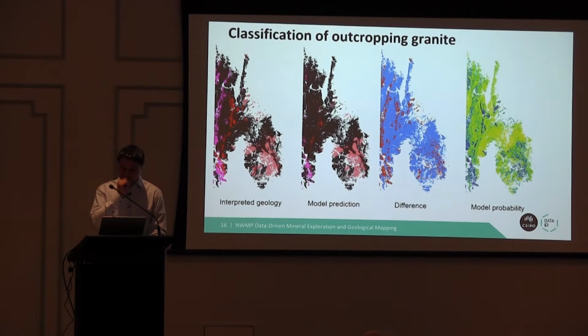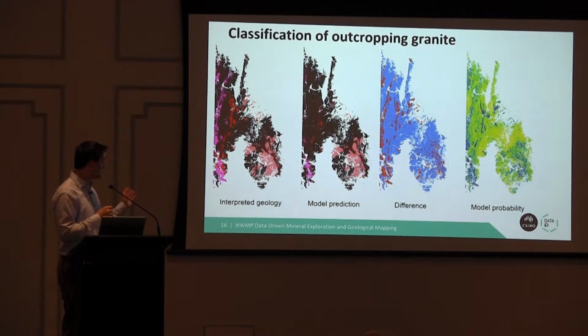Again, if we look at the results, on the left side there's the interpreted geology, and I forgot to say, we try to use the training data only in the outcropping areas where we know that there is granite outcrops, of course.